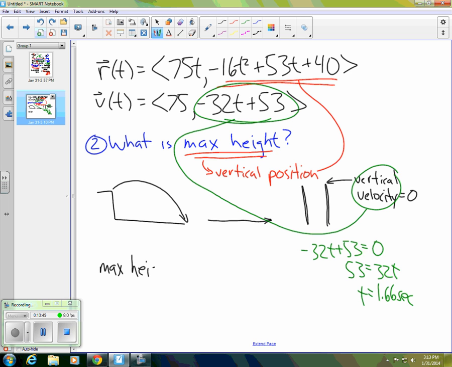So the max height is equal to negative 16 times 1.66 squared plus 53 times 1.66 plus 40. All right, so we make that calculation, and it turns out that what we get is 84 feet.